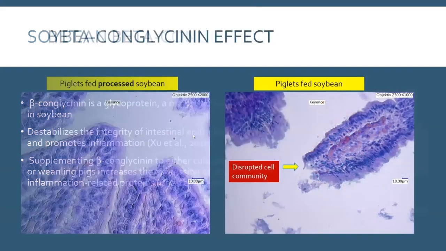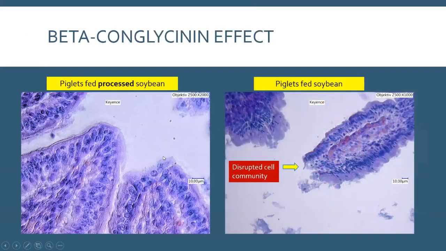Although this is in piglets, this could be true also for broilers and for chicks, particularly young poultry. We can see here the effect of beta-conglycinin on the villi. We can see there is a disrupted cell community when the piglets were fed with soybean. When we say soybean, we are referring to the soybean meal that we feed in the diet.